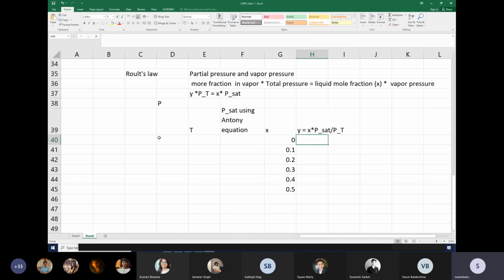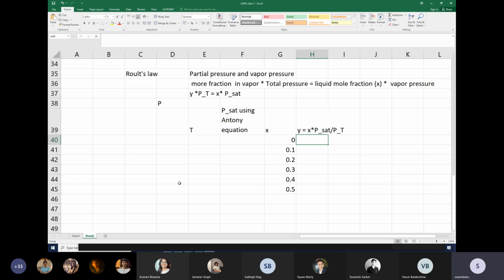So we know the total pressure and the pressure is fixed. The total pressure is fixed and the temperature varies. Then at different x values, we can get the corresponding different y values.